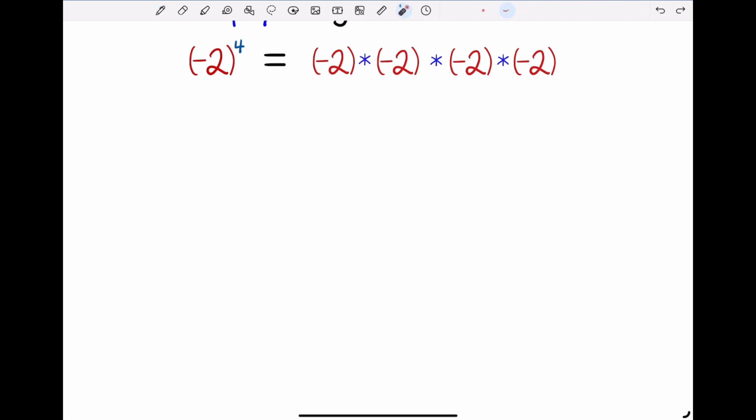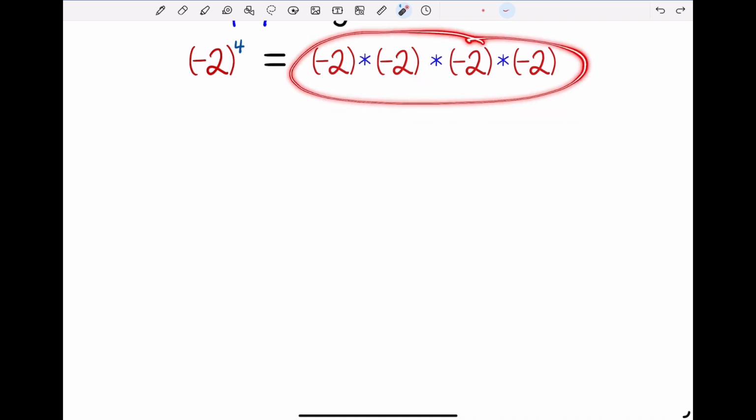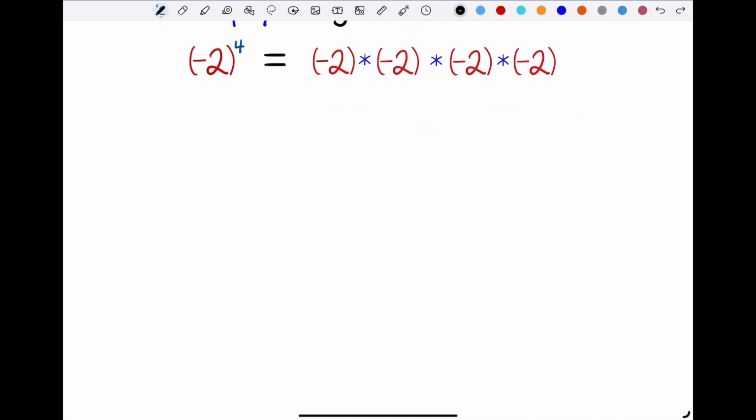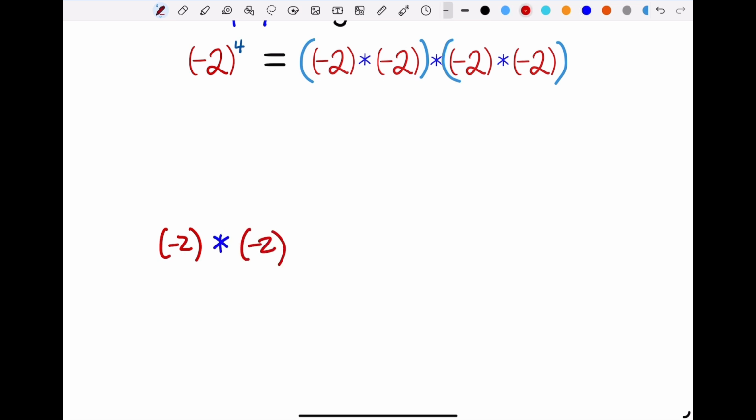And instead of multiplying 2 numbers at a time and continuing that process, we could group these negative 2's into pairs. So we could group the first 2 negative 2's together and the last 2 negative 2's together.